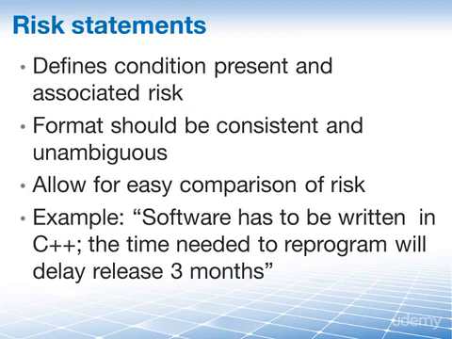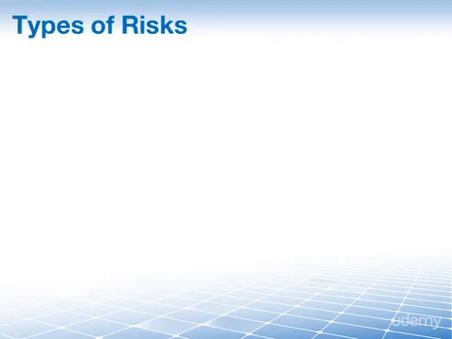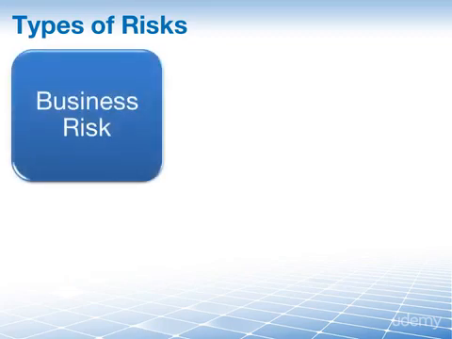All right, finally, we'll discuss the types of risk that you will encounter on your project. We have 2 general categories for risks: pure risks and business risks, and we try to place each risk into one of these 2 categories. A risk is considered a business risk if it contains both the opportunity for gain or loss.